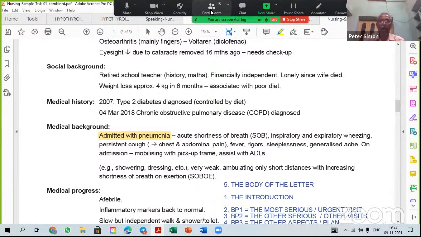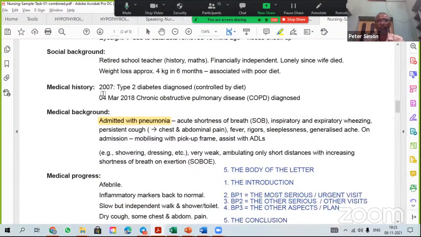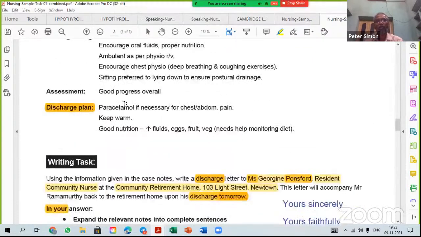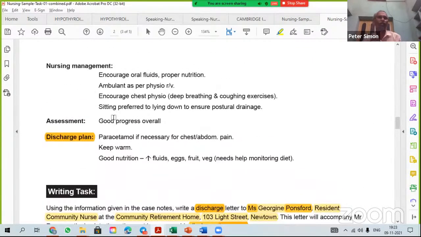Okay, so admitted with pneumonia, right? So now good progress. So progress, good progress. That means recuperating. So you can say recuperating, recovering. So you can use diagnosed with pneumonia or admitted with the complaints of pneumonia.